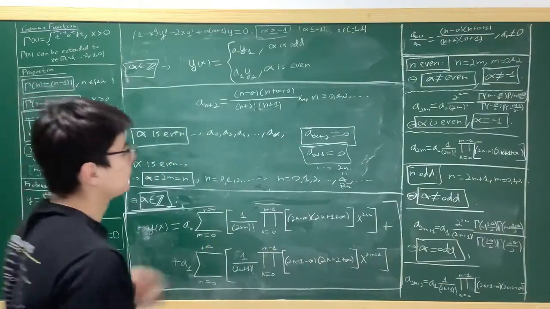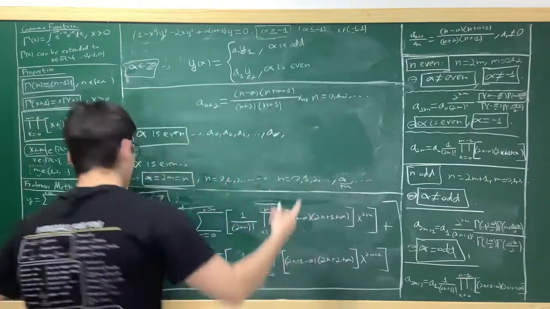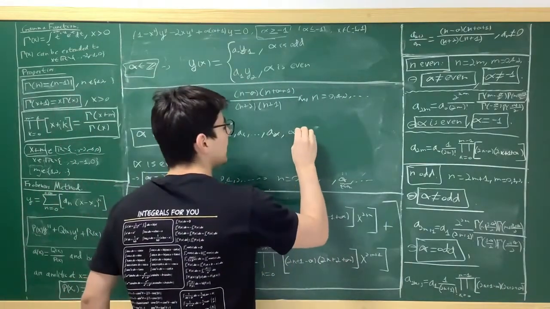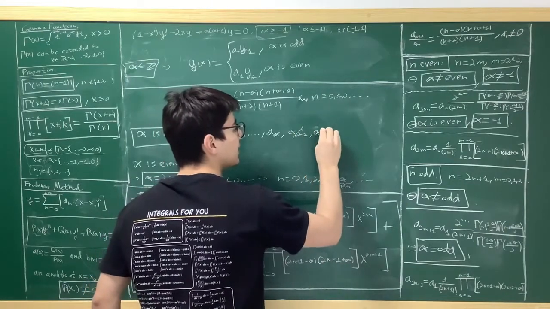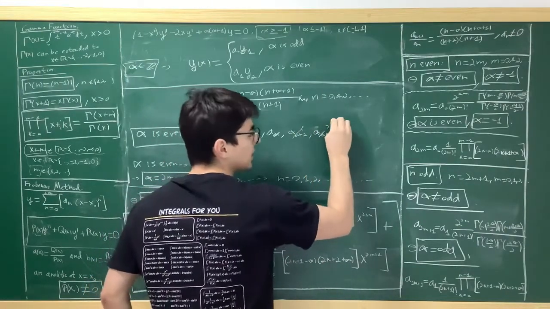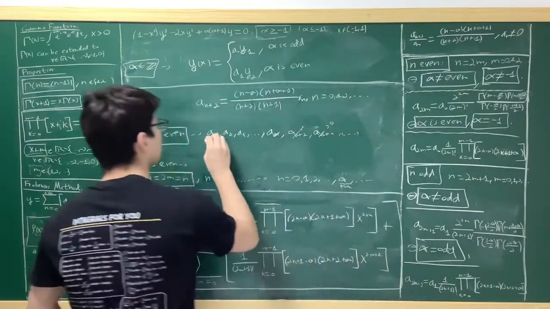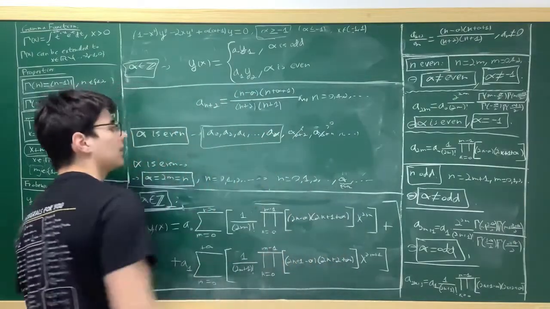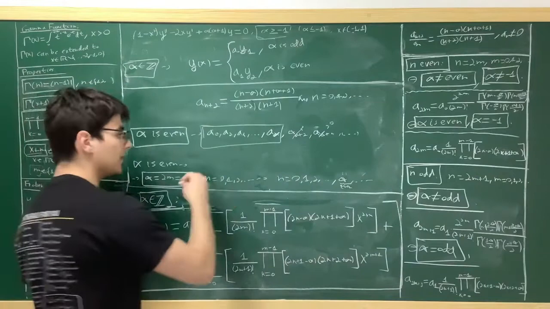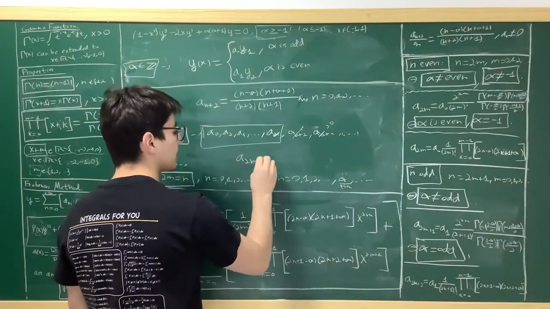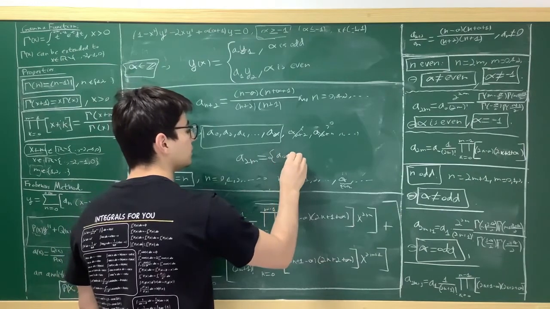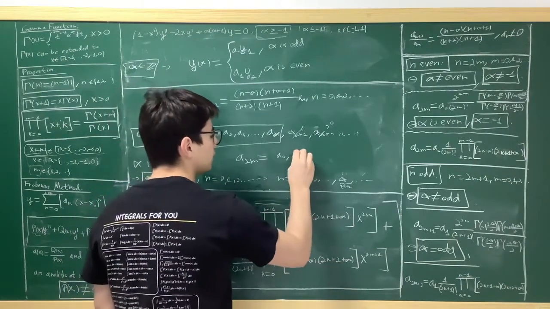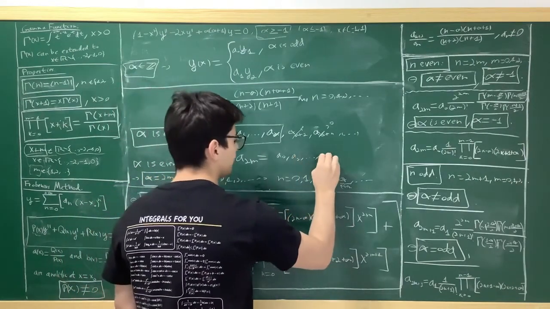Because from this point on, a_(alpha+2), the next even term, is 0, a_(alpha+4) is also 0, and so on. So we will only get up to these terms, meaning that a_2m can be a_0, a_2, or so on up to a_alpha.